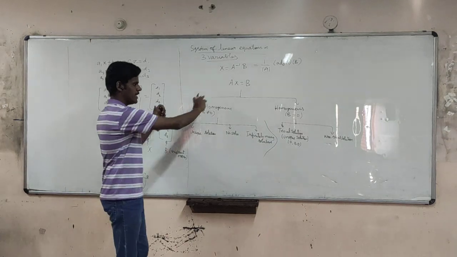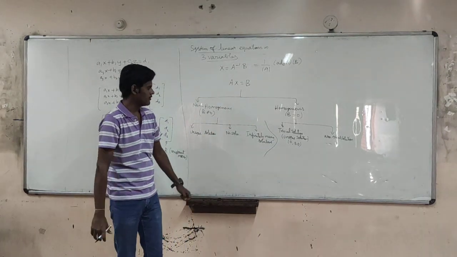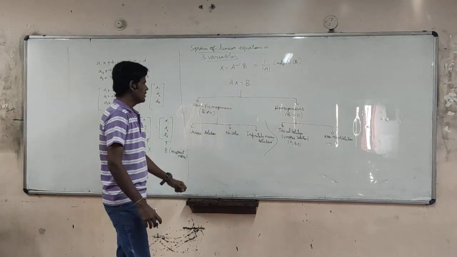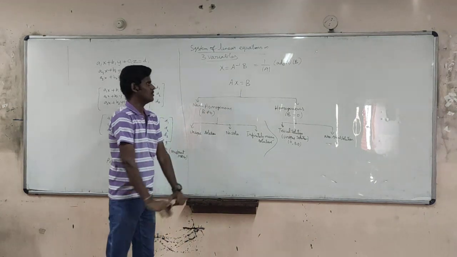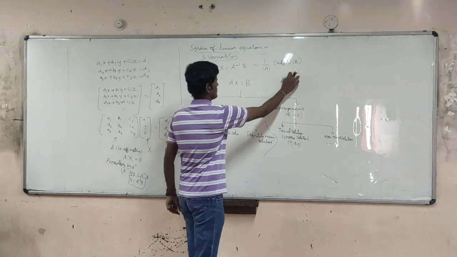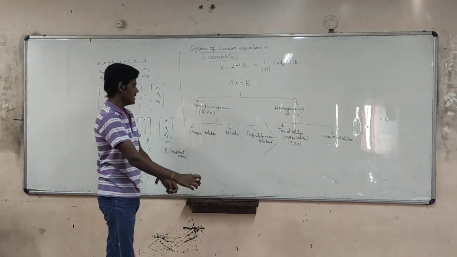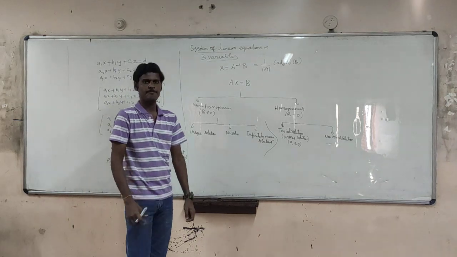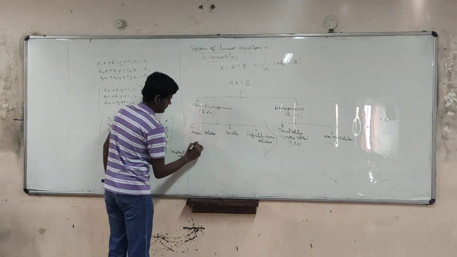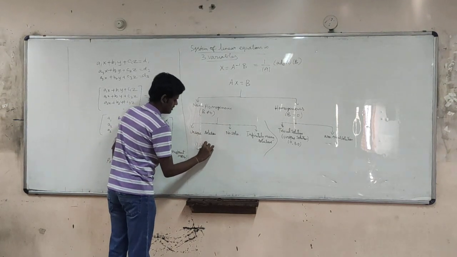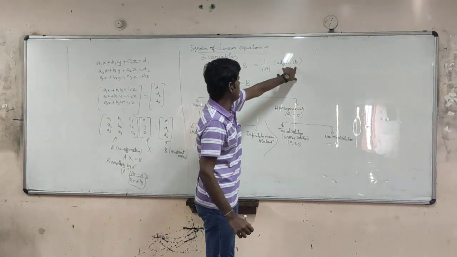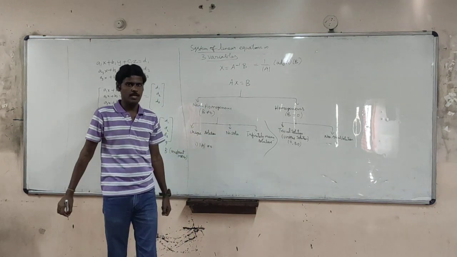Okay, so these are the possible outcomes, or ways in which this equation can have a solution. When the equation is non-homogeneous and has a unique solution, that means obviously determinant A is not equal to 0, and adjoint A into B can be 0 or non-zero.